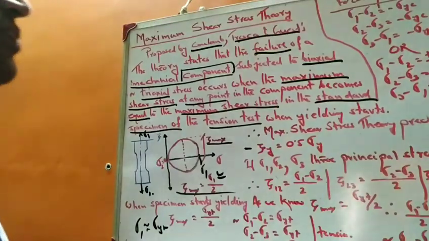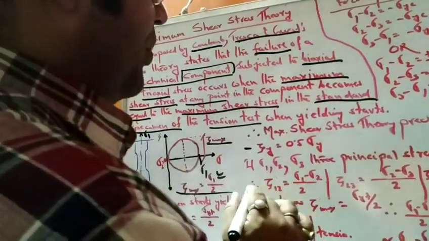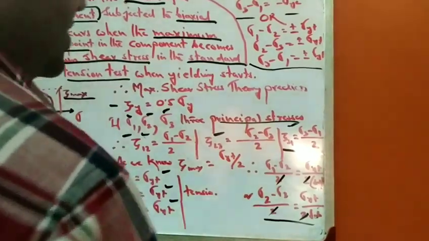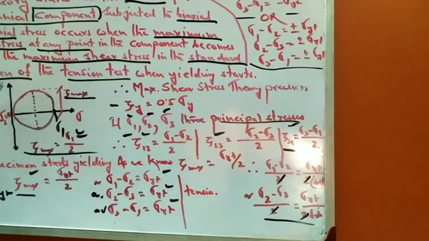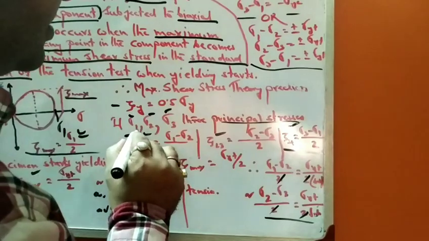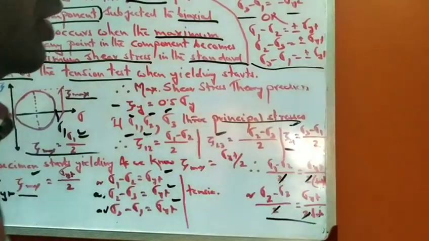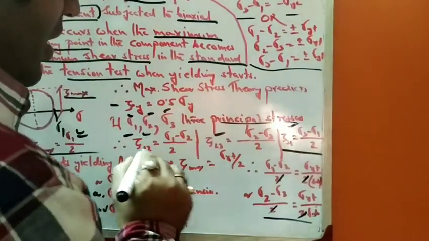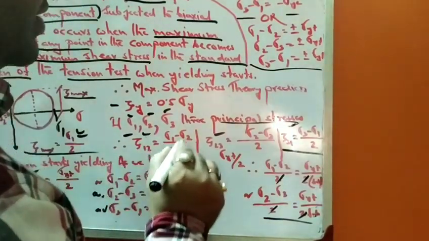Now, if in a mechanical component three types of principal stress, sigma 1, sigma 2 and sigma 3, are acting, then from the principal stresses we calculate the shear stress, which is given by this formulation.